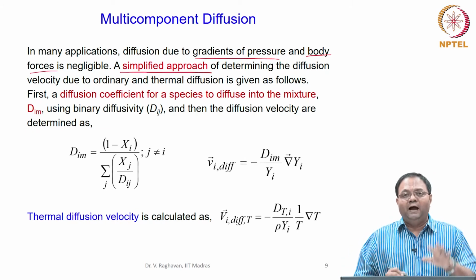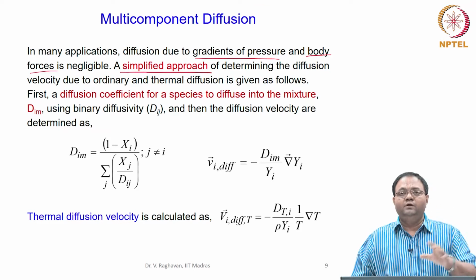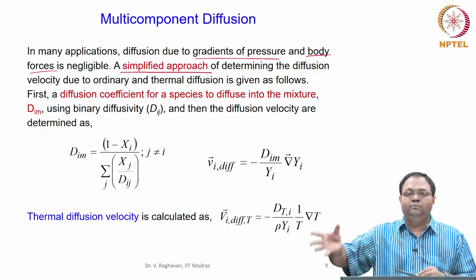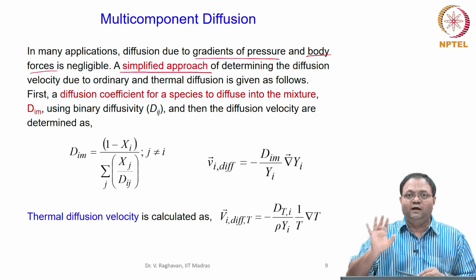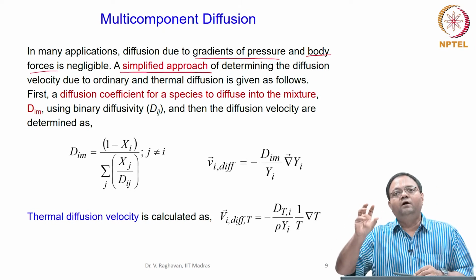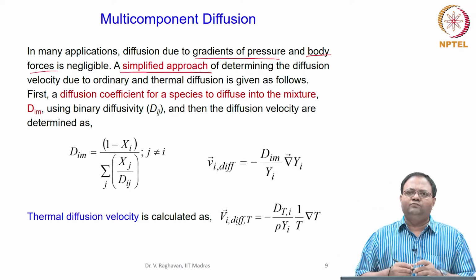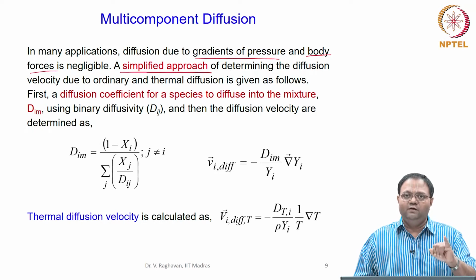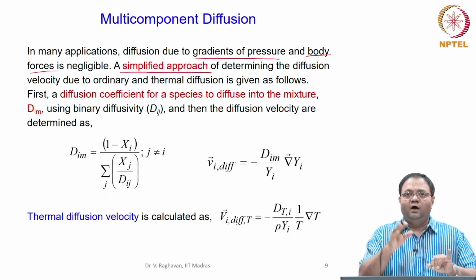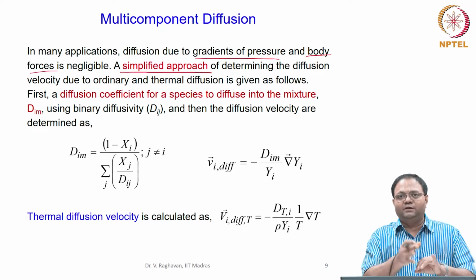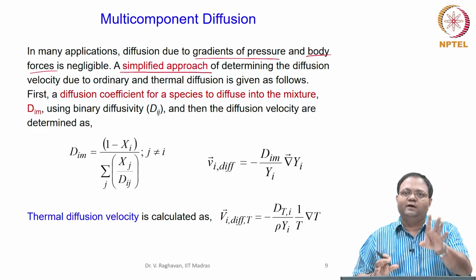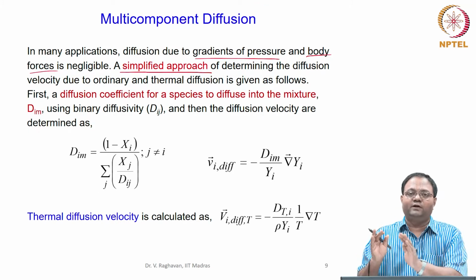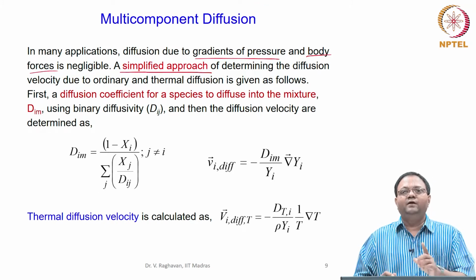I is the first species, and all other species in the mixture, other than I, constitute the second species, the bulk species.